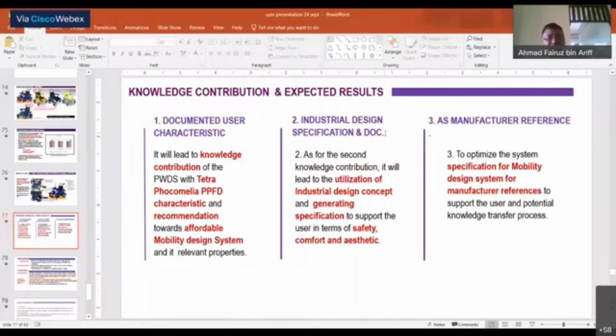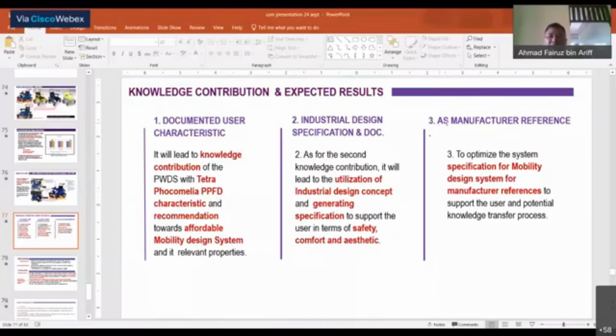because it places more emphasis on economics, even though most of the things are in the form of electrical and mechanical. But in terms of comfort and nice-looking aesthetics, the industrial design leads the process.